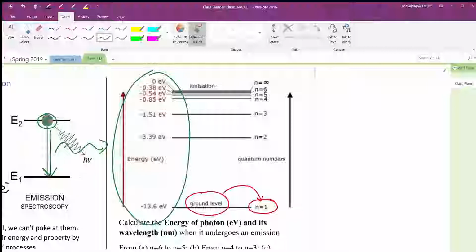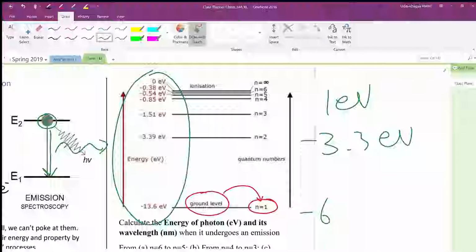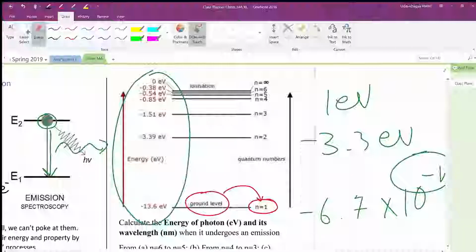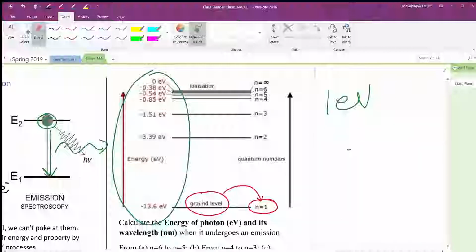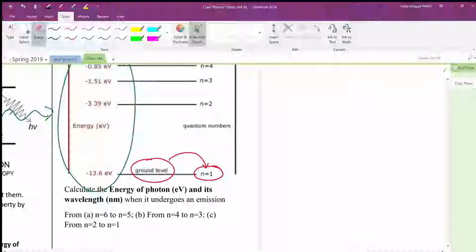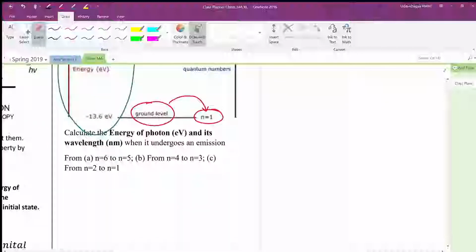So it's much easier to write 1 eV, or even in this case, negative 3.3 eV, rather than having to write negative 6.7 times 10 to the negative 19. Once you have to write 10 to the negative 19 like 10 times, it gets pretty annoying. Hence, the electron volt is the preferred, or the more conventional, unit to be used. Just like anything, some units are more preferred than others.